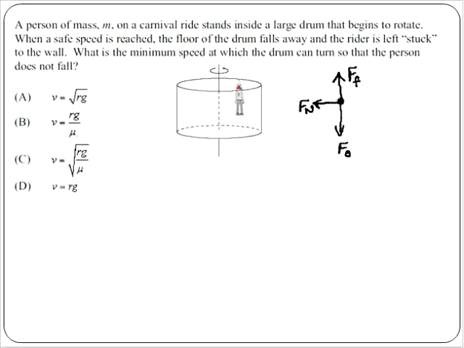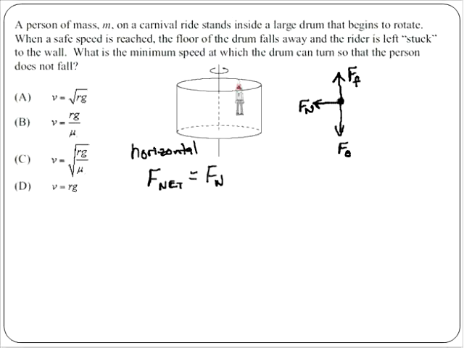So, here's what we do. First of all, because it's moving in a horizontal circle, then we can say that F net is simply going to be Fn. That's the only horizontal force that's there. F net equals Fn.